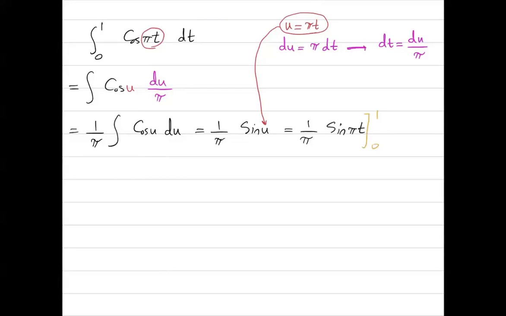0 and 1. So we're going to apply the fundamental theorem of calculus, get 1 over pi times sine of pi minus sine of 0.